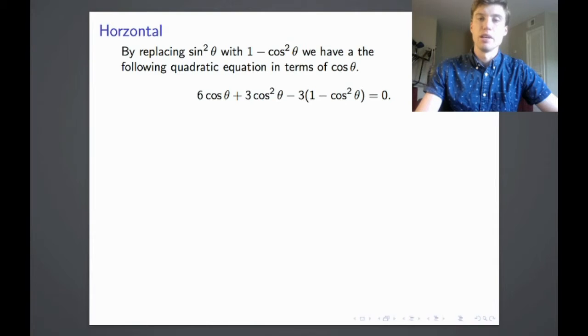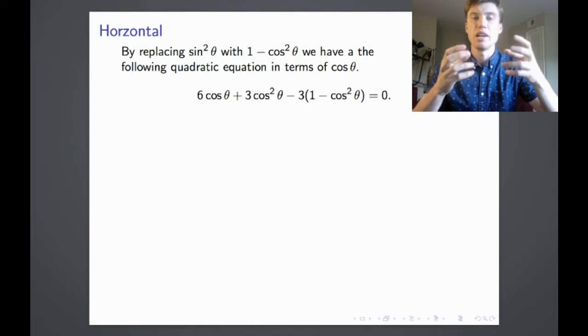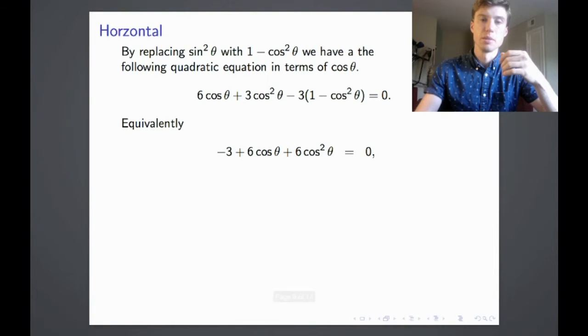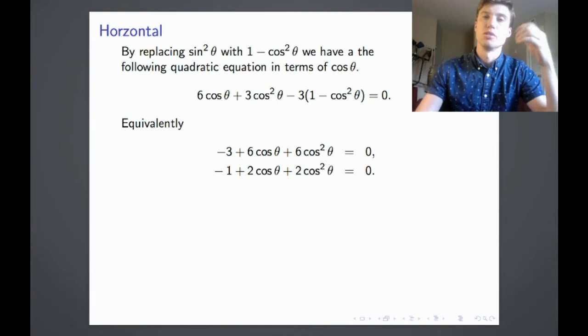Now this is a pretty intimidating looking expression, but the following approach will allow us to find the solutions. We will replace sine squared theta with 1 minus cosine squared theta. We will then have a quadratic equation in terms of cosine theta. Now, after some simplification, we can rewrite this as negative 1 plus 2 cosine theta plus 2 cosine squared theta equals 0.